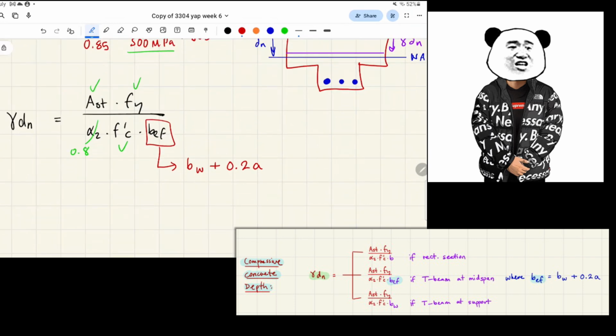Okay, so can someone tell me what these values would be? Justin, I'm going to pick on you. I'm looking for BW.